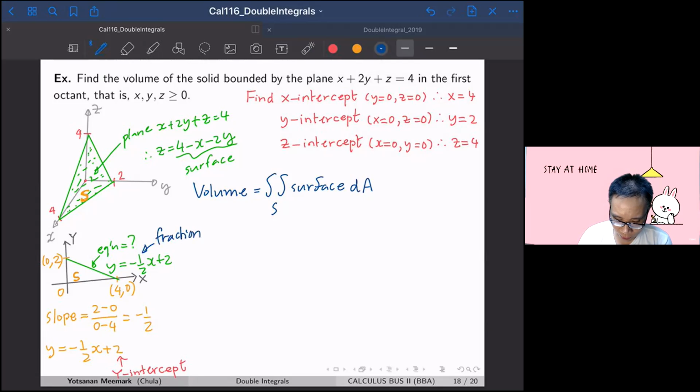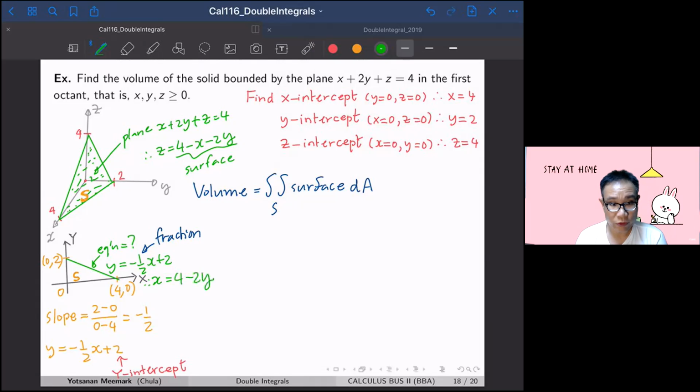So if you have the equation in terms of x instead, you get x equal to what? x equal to 4 minus 2y, right?